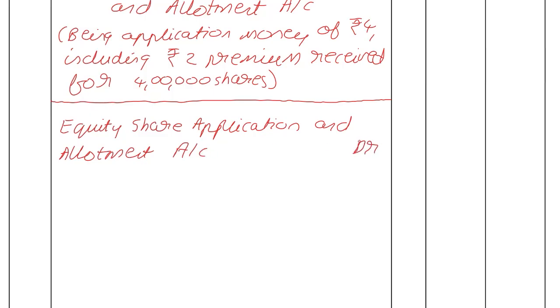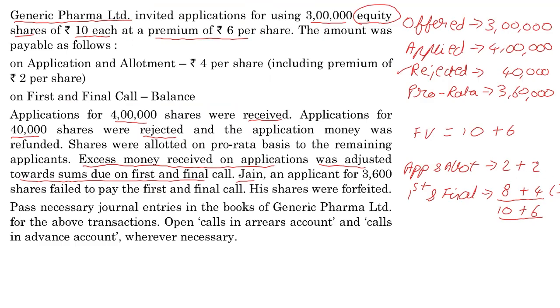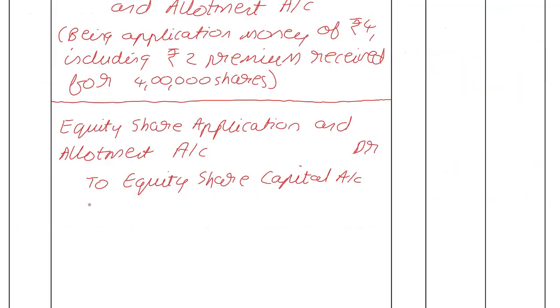Yes, it's going on to 2 lines, it doesn't matter. To equity share capital account. I will also at this point of time have to credit securities premium, because at the time of application and allotment, 2 rupees per share of the offered amount is supposed to go to securities premium. So I will write to securities premium.